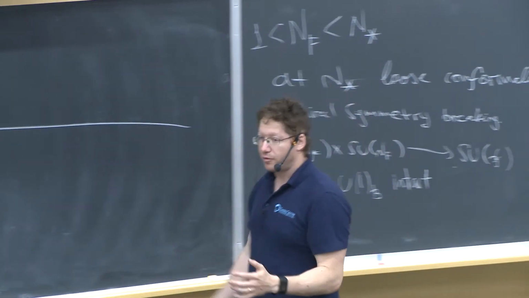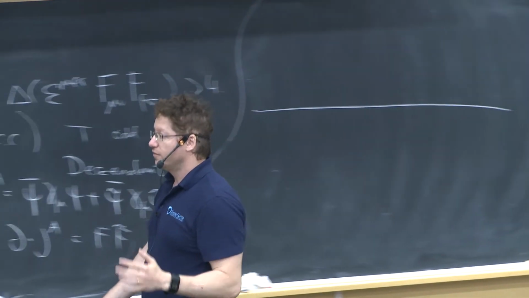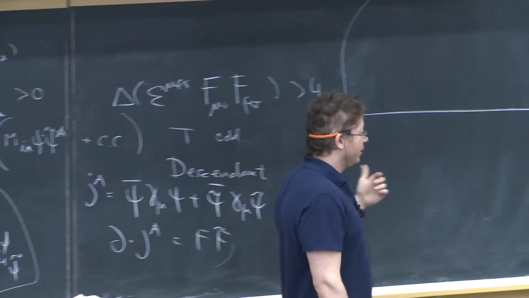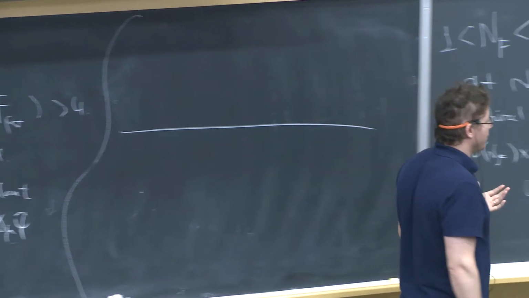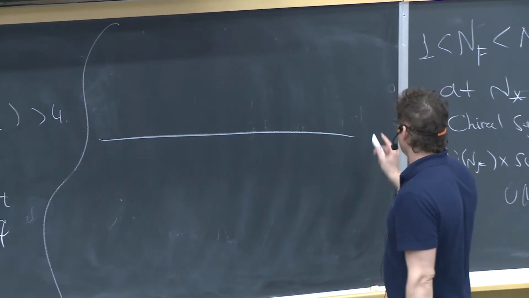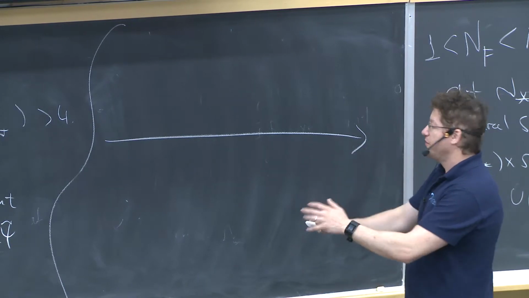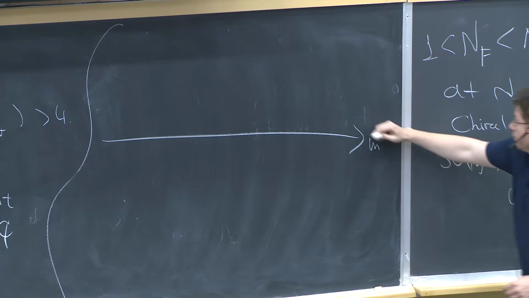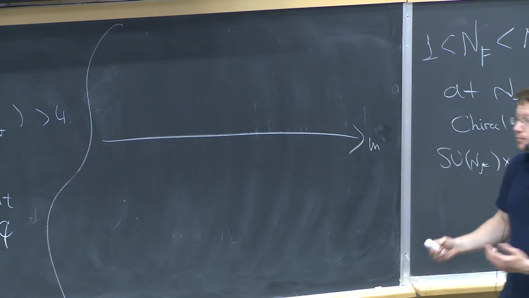The point M equals 0 in quantum antiferromagnets was not well defined. You remember that there was the mass squared in front of the I squared in the Néel VBS transition, and M squared equals 0 wasn't well defined. So NF equals 1 QCD is very similar. We don't specify a specific value. We just draw the phase diagram, and we ask if the transition is first or second order.